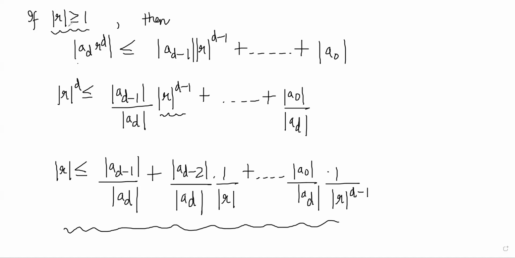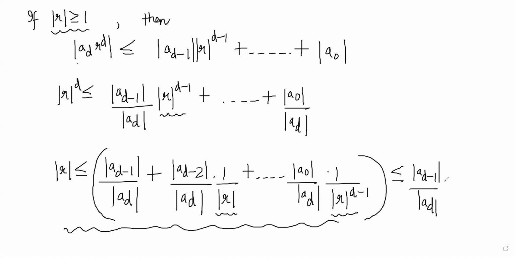This is what we are getting. Now we will use the fact that mod of r is greater than or equal to 1. So this term is going to be less than or equal to what we get if I replace every mod r with 1, right? So mod of r is greater than or equal to 1, so this is actually smaller. So this is smaller than mod of a_{d-1} by mod of a_d plus mod of a_{d-2} by mod of a_d and so on till the last term, mod of a_0 by mod of a_d, right?